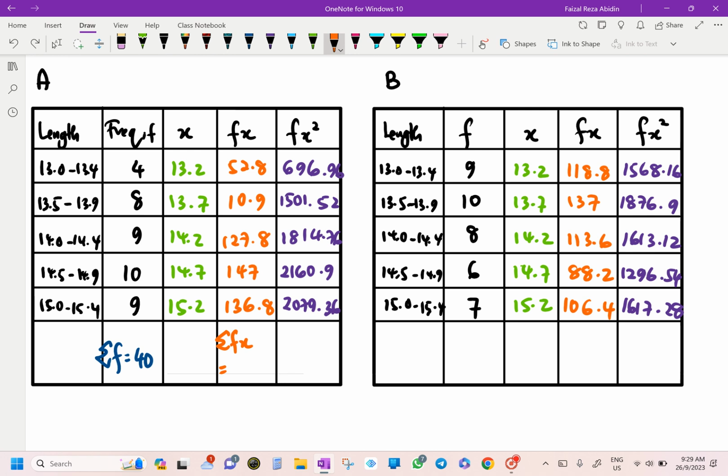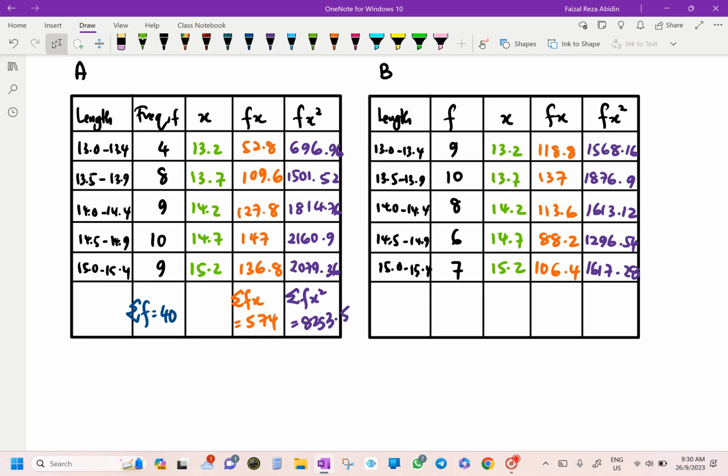The total of Fx for species A is 574. Total of Fx square is 8253.5.